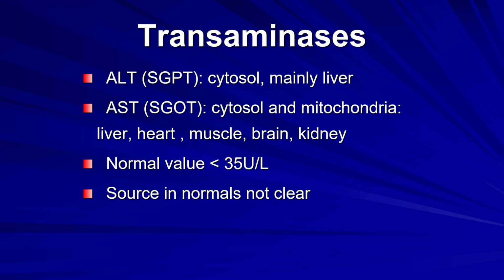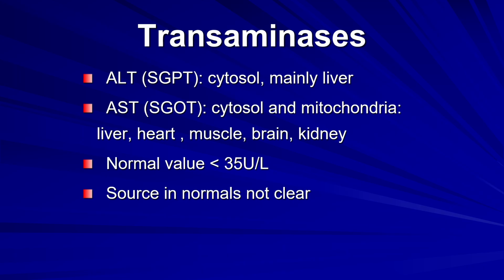Among the most commonly ordered tests are the transaminases or the aminotransferases. There are 2 enzymes. One is called the ALT or SGPT, which is present in the cytosol, mostly in the liver.